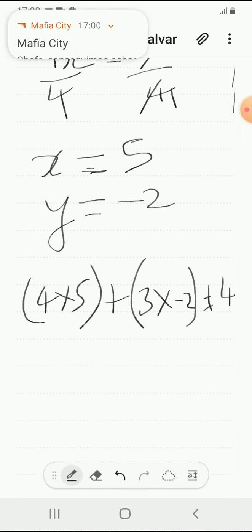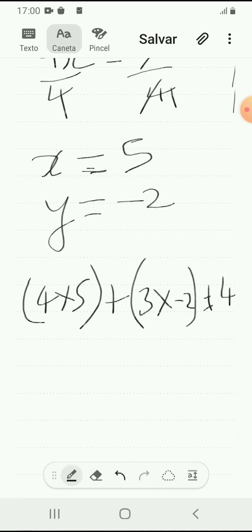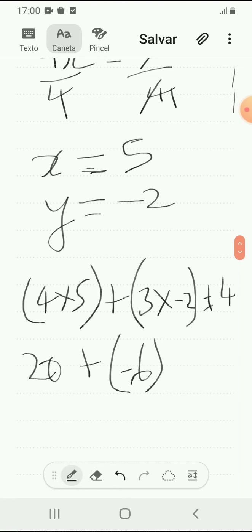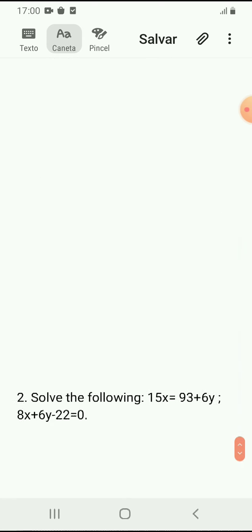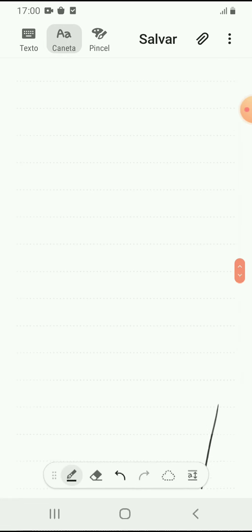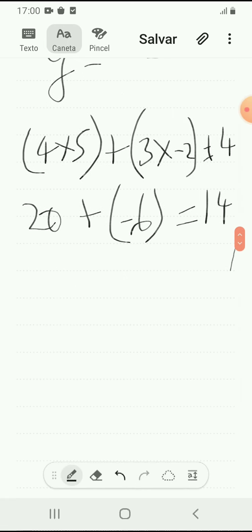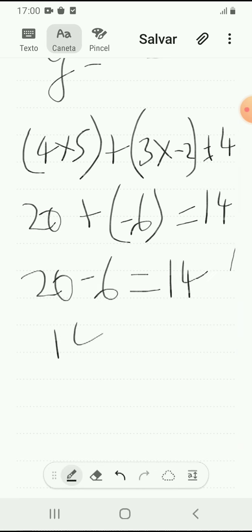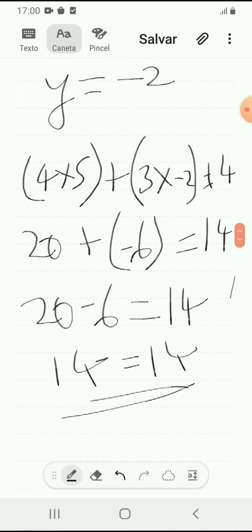So 4 times 5 gives us 20. Then we get a minus 6 equals 14, right? So 20 and minus 6 is 14. So here we get a 14, here we get a 14. So we know our answer is correct.